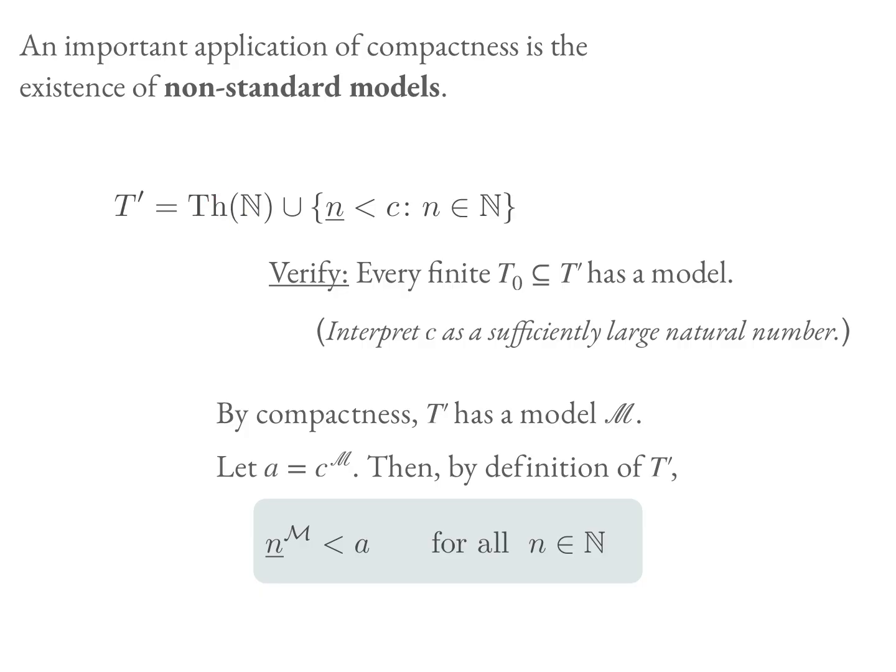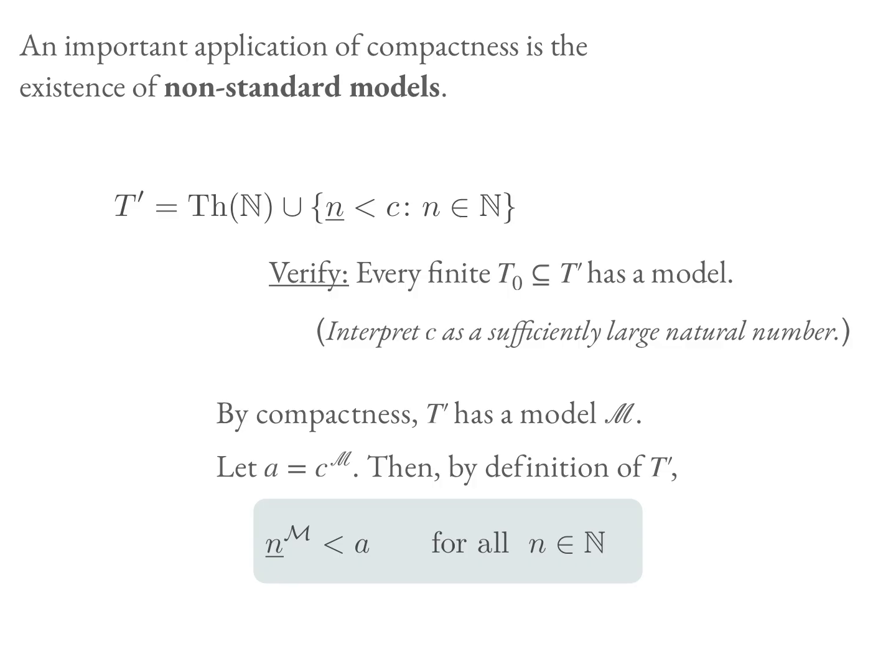Namely, for every natural number n, we add the formula that our new constant symbol C is greater than the constant term n. So this somehow expresses that C is very big. In particular, it's bigger than any element expressed by the constant terms n for every natural number n.